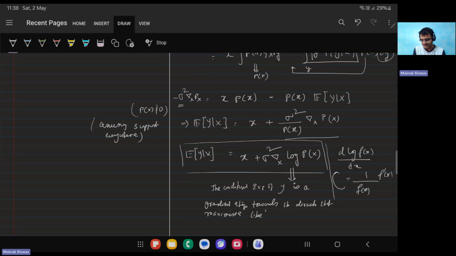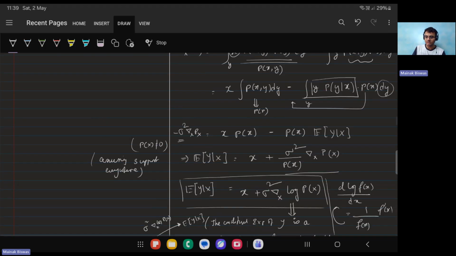You can interpret it this way, right? You start from x and you take a gradient step along sigma square gradient of p of x, and you get the expected value of y given x. So this is called Tweedie's formula, and I showed you. You get the x, you take a gradient step along the likelihood direction. So this gives me Tweedie's formula.